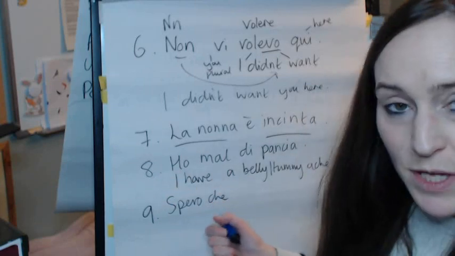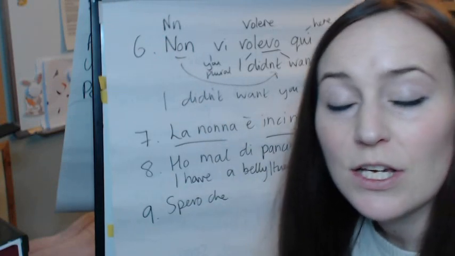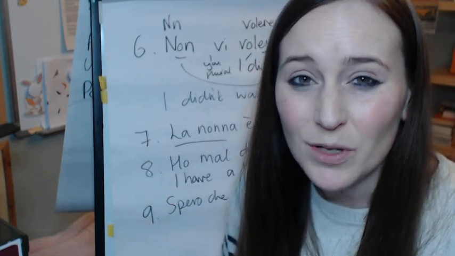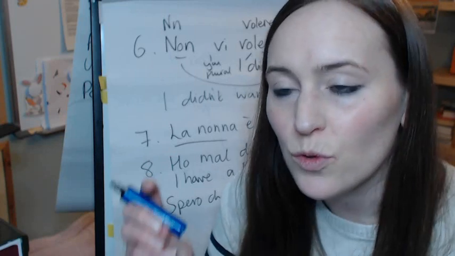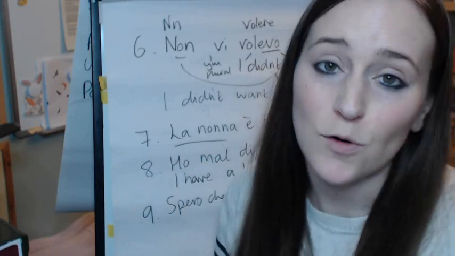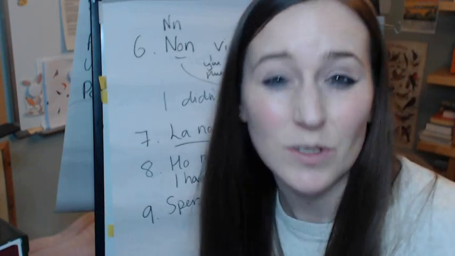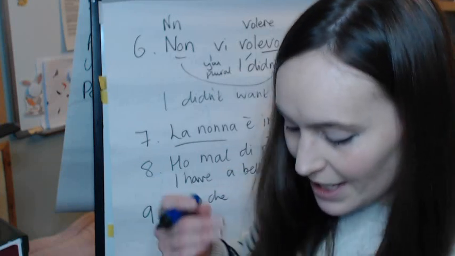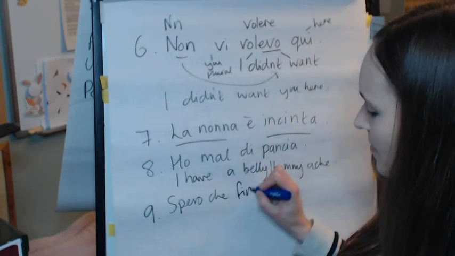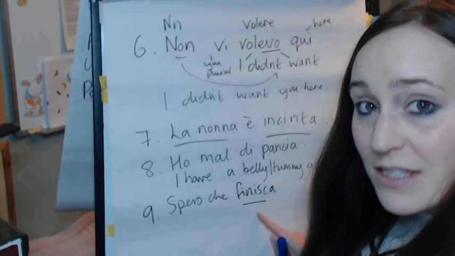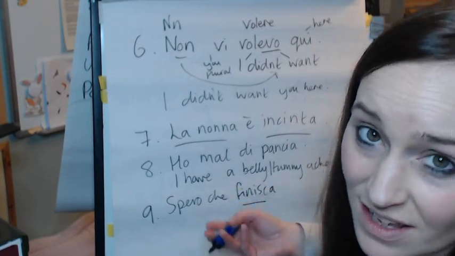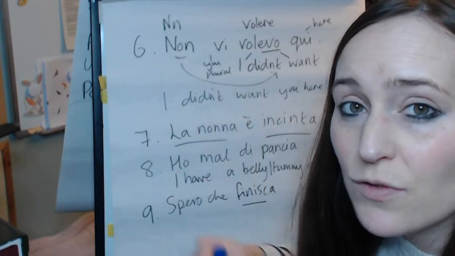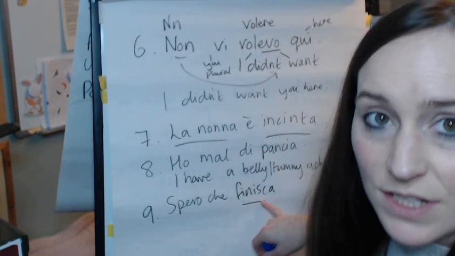When you have spero che, unless you're using the future tense, you need to use the subjunctive, which is like a mood, as opposed to a tense, but it works in the same way as a tense, as in the verb will have a different form, depending on whether it's the present subjunctive or the imperfect subjunctive. So, I hope that, spero che finisca. That's the subjunctive form of the verb finire, and the first 3 singular forms, io, tu, lui, lei, all end finisca, finisca, finisca.